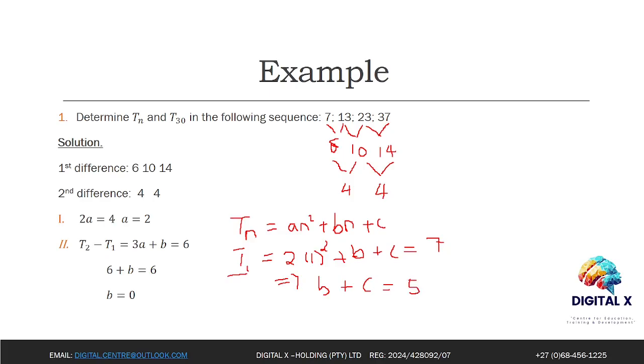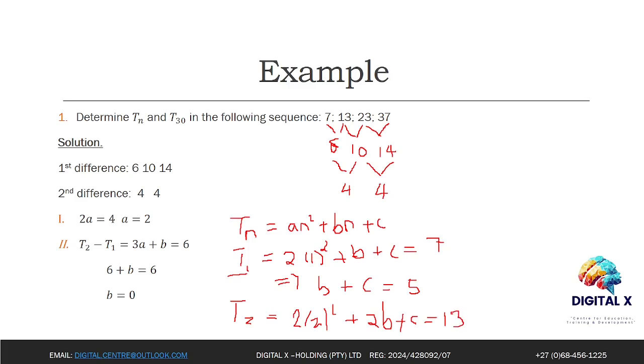Okay, so let's go again for term 2. So for term 2, what we have here, we have 2 times 4, plus 2b plus c, and this is the second term. So obviously we're going to consider the term of our sequence, which in this case is 13.